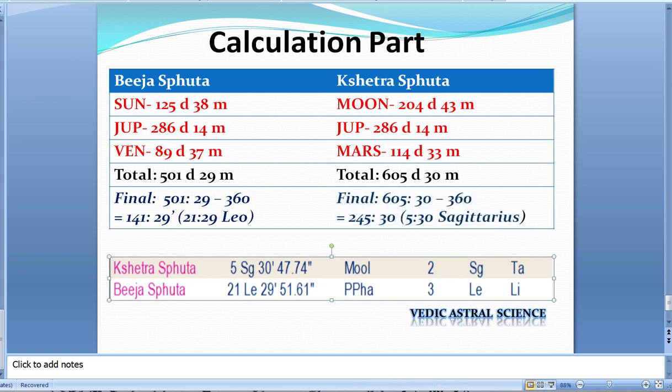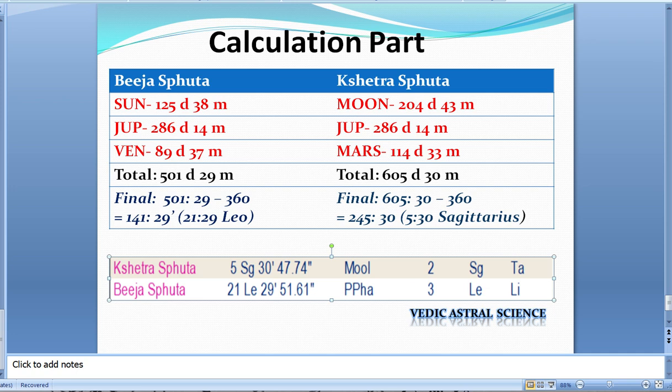So let us look at the Navamsa where these particular degrees are going. You can see at the bottom the table of Kshetra Sphuta and Beeja Sphuta, that the Navamsa signs are also mentioned on the extreme right-hand side.